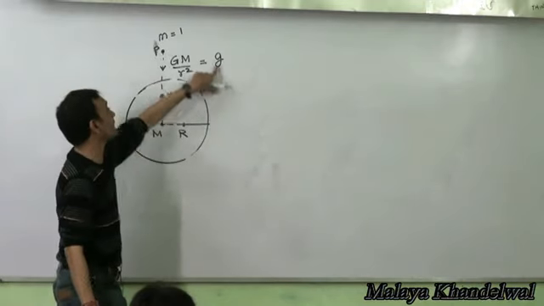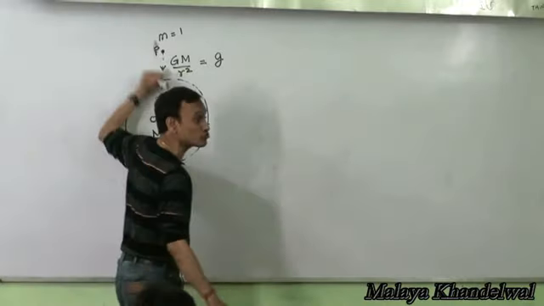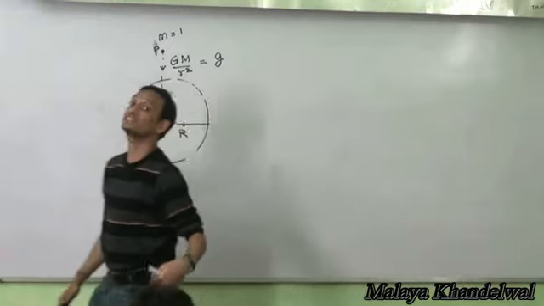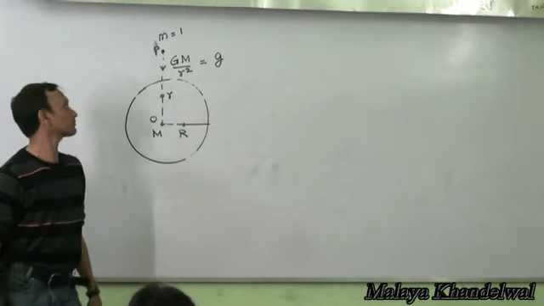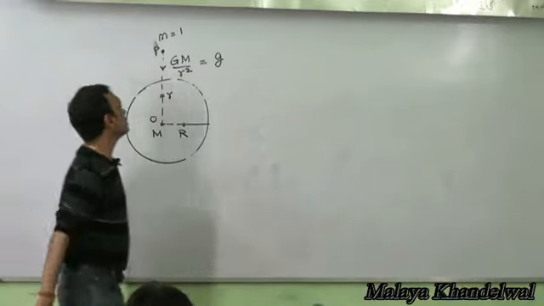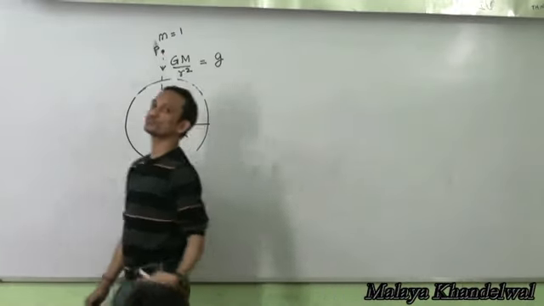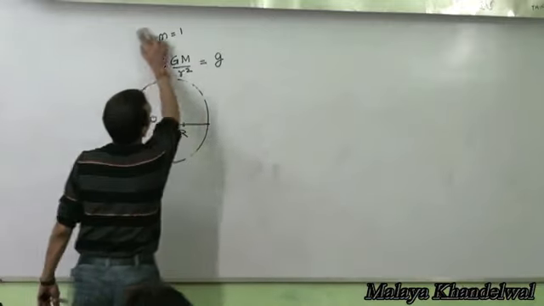But for sure this is the intensity of the field at this point. The acceleration due to gravity at a point is also the intensity of the gravitational field at that point, right? Now, let's quickly look into how acceleration due to gravity varies on various fronts, right?